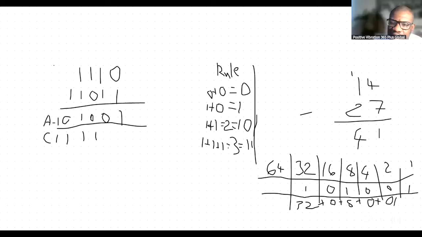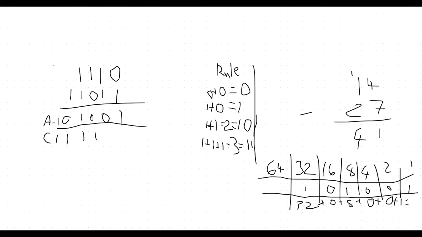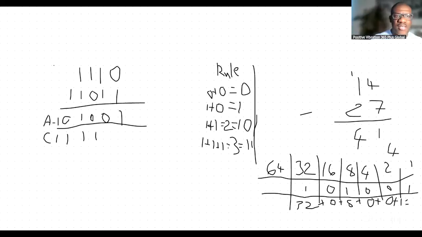And if we add them across, how much do we end up with? 41, sir. Very good. So that means our rule works perfectly. All right. Is there anybody with any question as to how to do addition? All right, cool. Not bad.